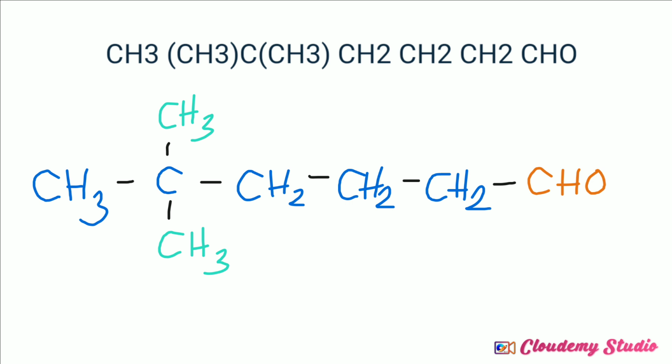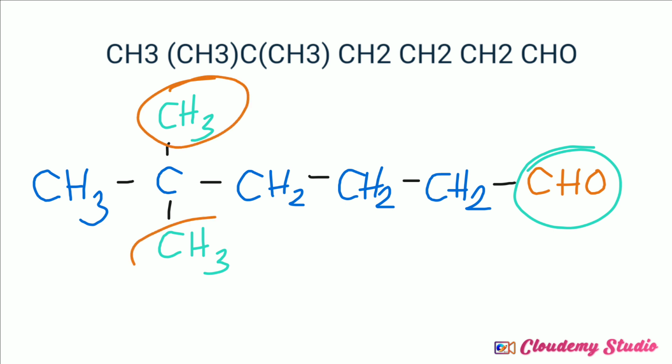The functional group is CHO, that is, the aldehyde functional group is present, and there are two substituents also attached to the structure. That is, two methyl groups are attached. So in this structure we have the functional group and the substituents.